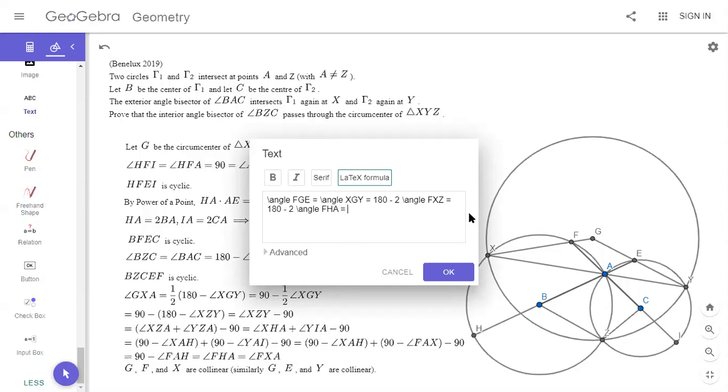And then it's easy to show that that's angle FBA, or 180 minus angle FBA. And so that means that FGEB is cyclic. And then also the C and Z also lie on that circle.